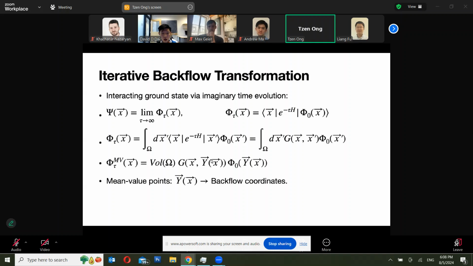That's what it means. But how to get this y of x to represent? So basically, this entire thing, G of x of y times phi naught of y, has to be exactly equal to this integral G x x prime of phi naught of x prime. That's the mean value theorem.